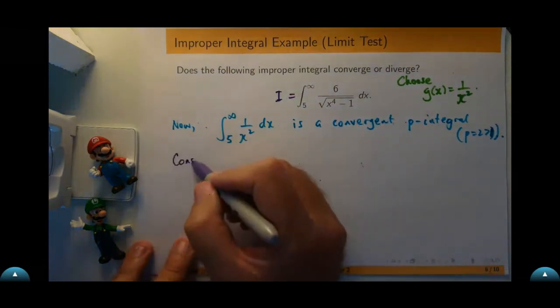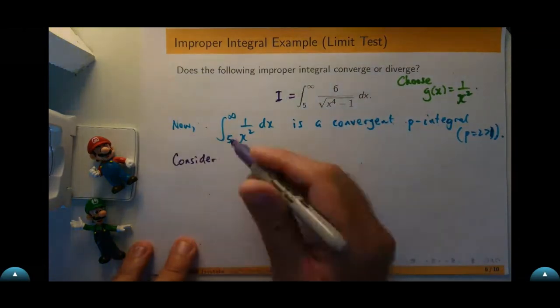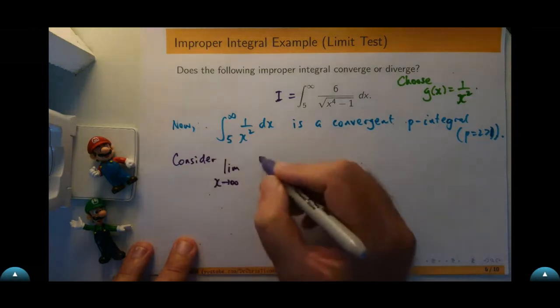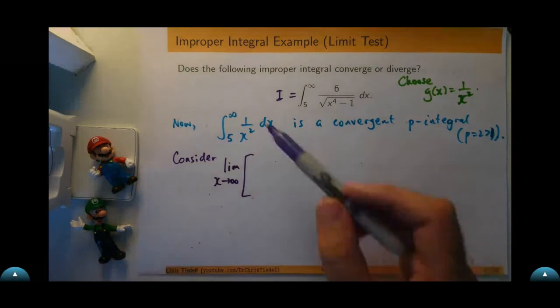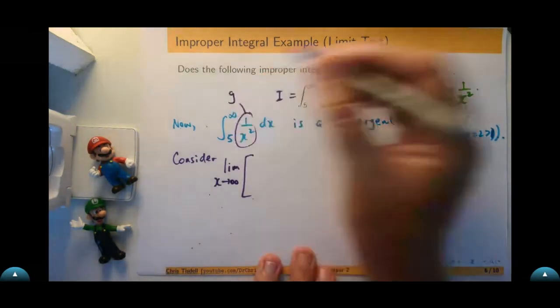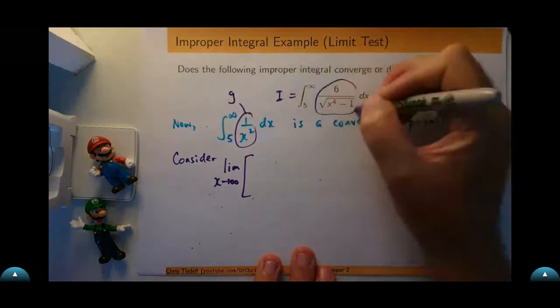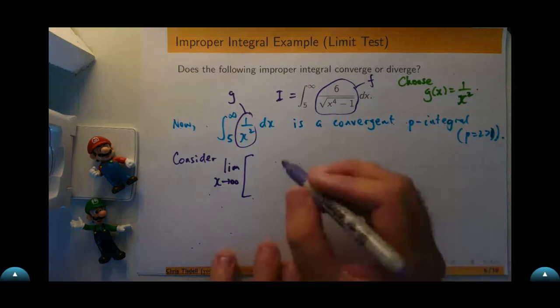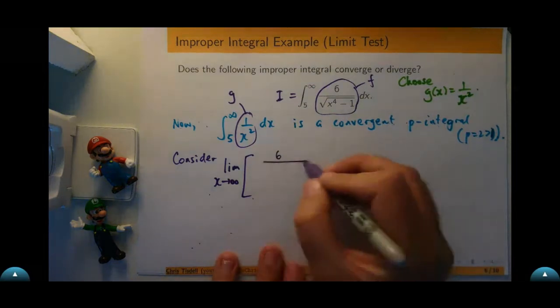So let's consider the following limit. All right. So this will be our G, and this will be our F. So F over G is going to be a bit of a mess.